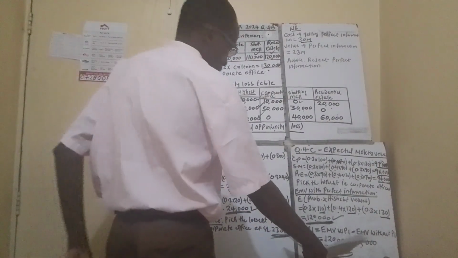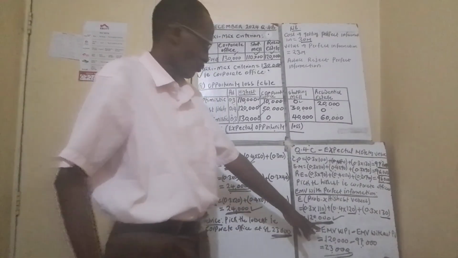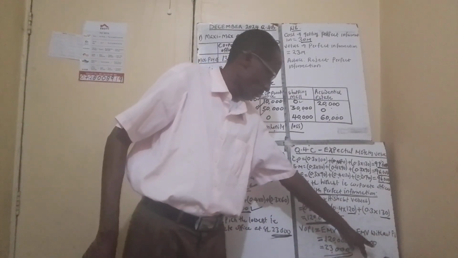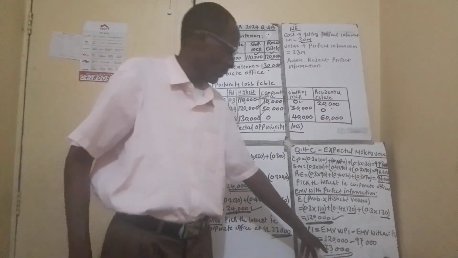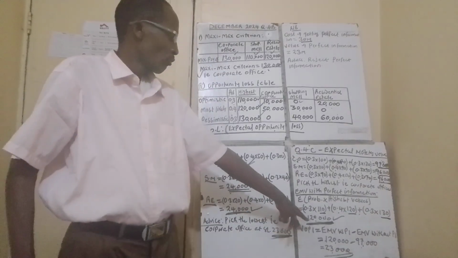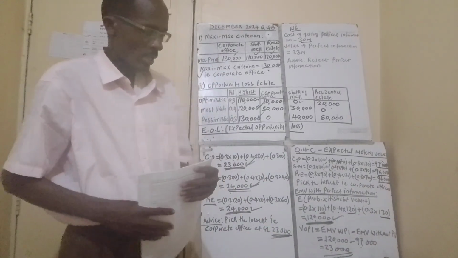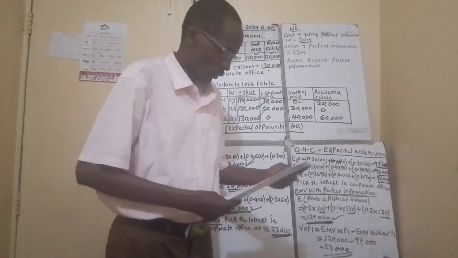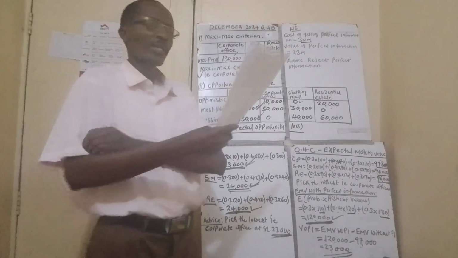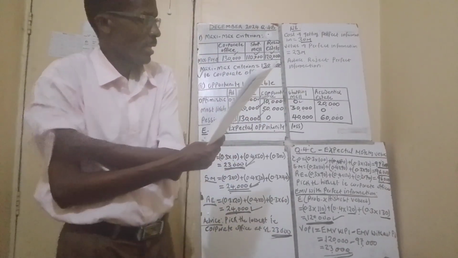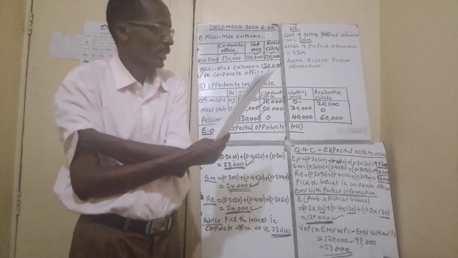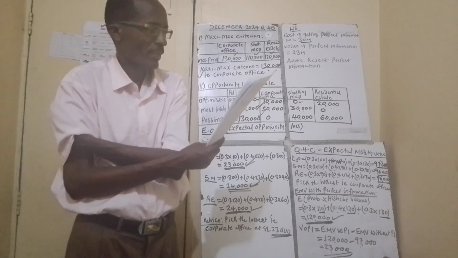You know where 23,000 is coming from. It was 120 minus 97 is 23. Value of perfect information.